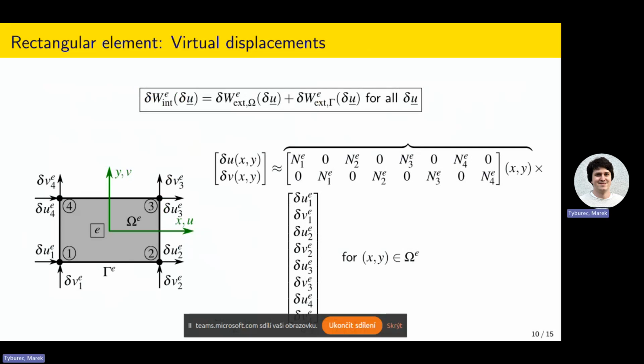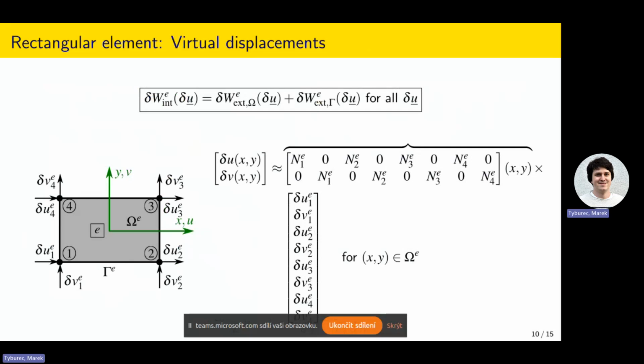As I already said, and as is visible in this figure, why did we talk about these basis functions? The reason is that we would like to somehow approximate these virtual displacement fields by something that is easier to work with.